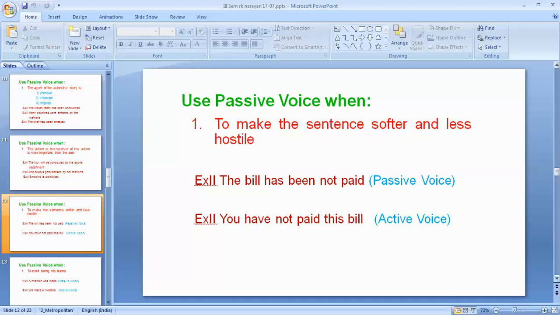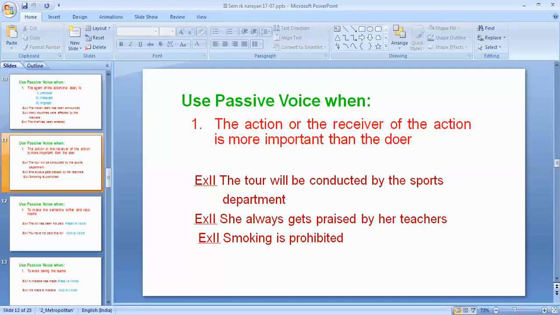But in the second sentence, more focus is given to the bill which is not paid rather than the person who has not paid. So on these occasions, when we want to make things softer in a convincing way, we can use passive voice.